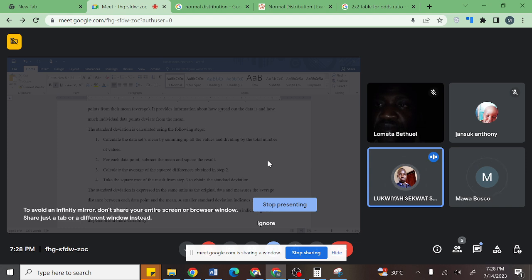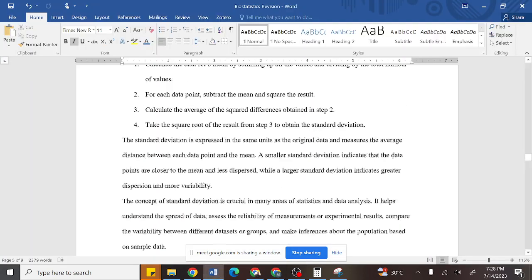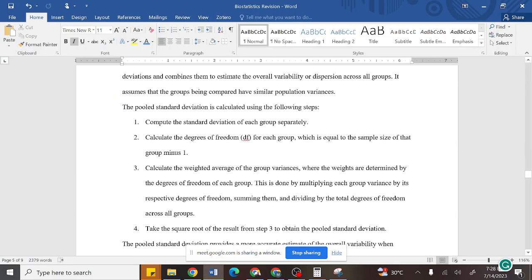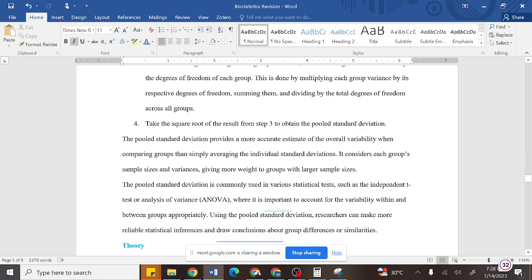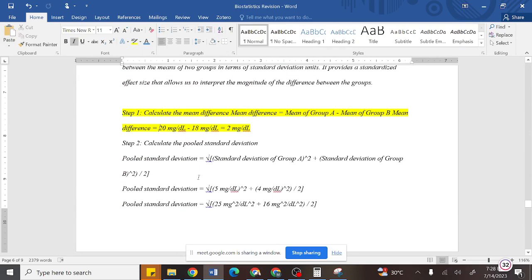Now, having understood the concept of effect size, we are saying that Cohen's d is one of the ways of determining effect size. And now we are on step 1 of determining Cohen's d. That step 1 is you get the average of one group minus the average of the other group.